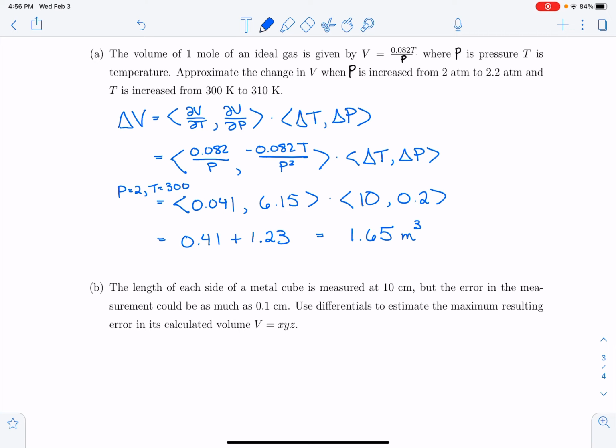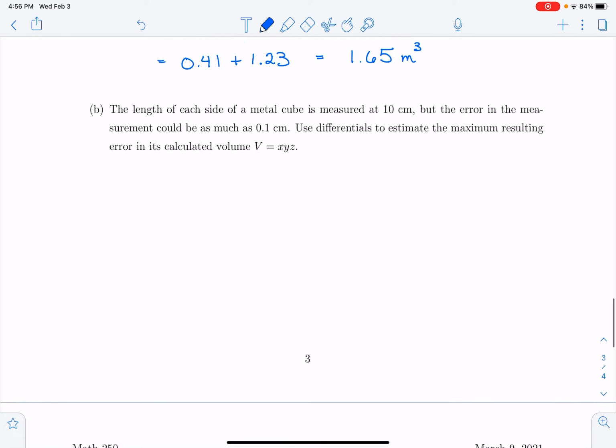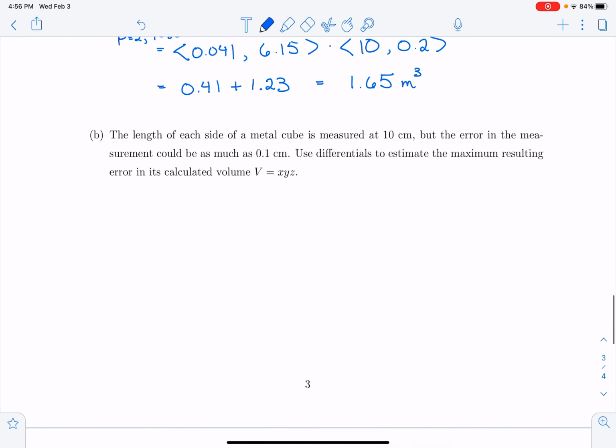Okay, let's look at a different example with a volume. The length of each side of a metal cube is measured at 10 centimeters, but the error in the measurement could be as much as 0.1 centimeters. So we want to use differentials to estimate the maximum resulting error in the calculated volume V equals XYZ.